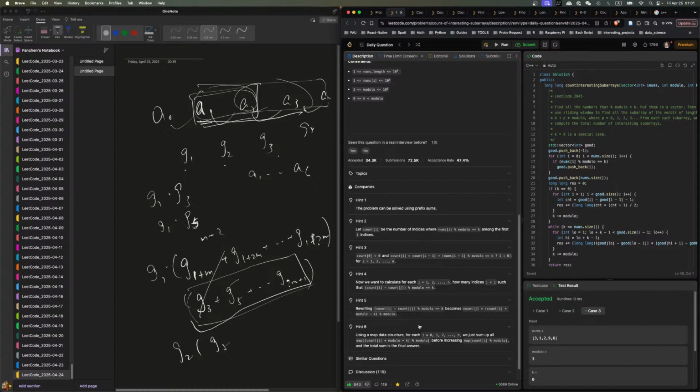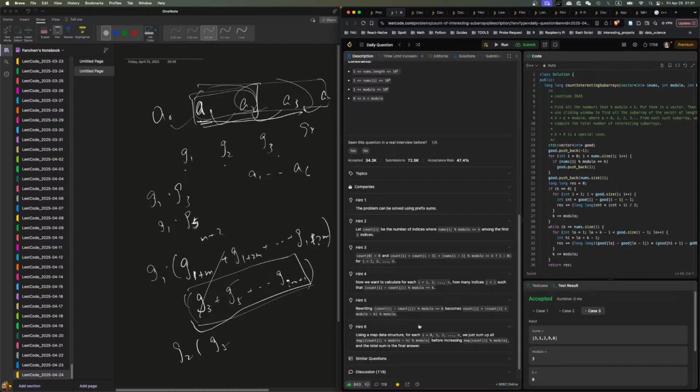They all become count j, which means count j, if I modulo it, it's equal to count I minus k, well, plus modulo, right? And then we modulo. So everyone that satisfies will have the same modulo.